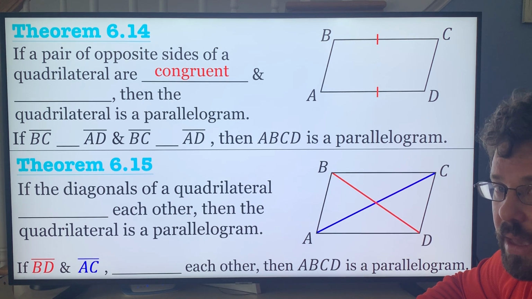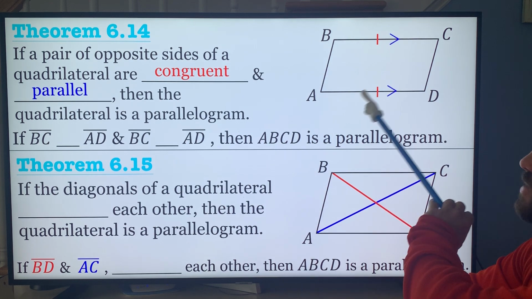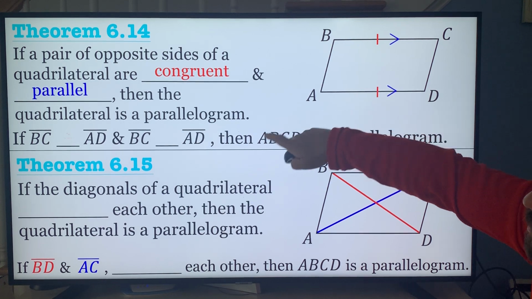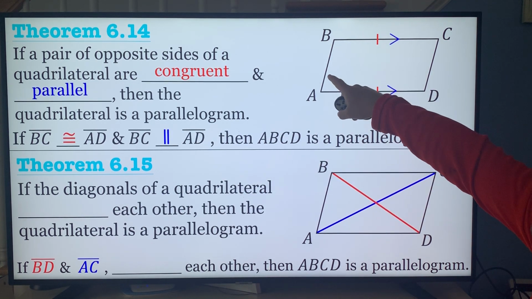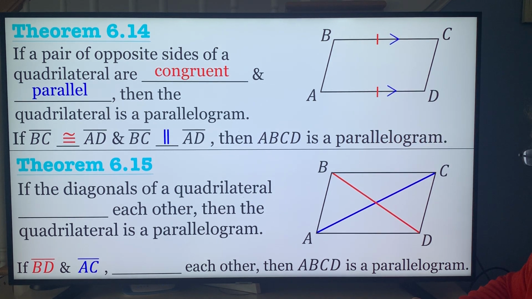Parallel. So if you have just one set of sides that's congruent and that same set is parallel, then this is a parallelogram. Therefore, these 2 sides have to be congruent and parallel. They don't have to be shown to be that, though. It's just assumed.